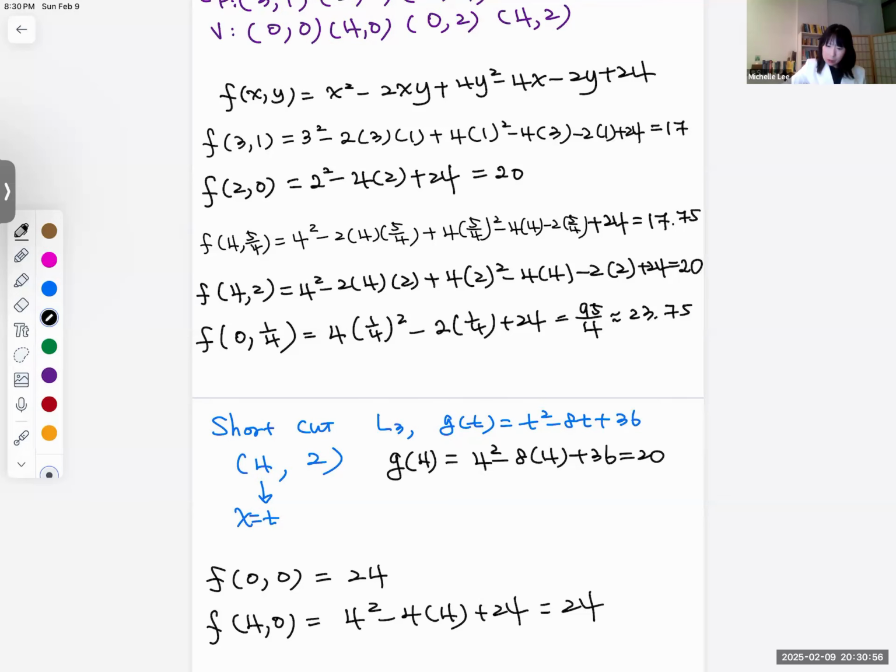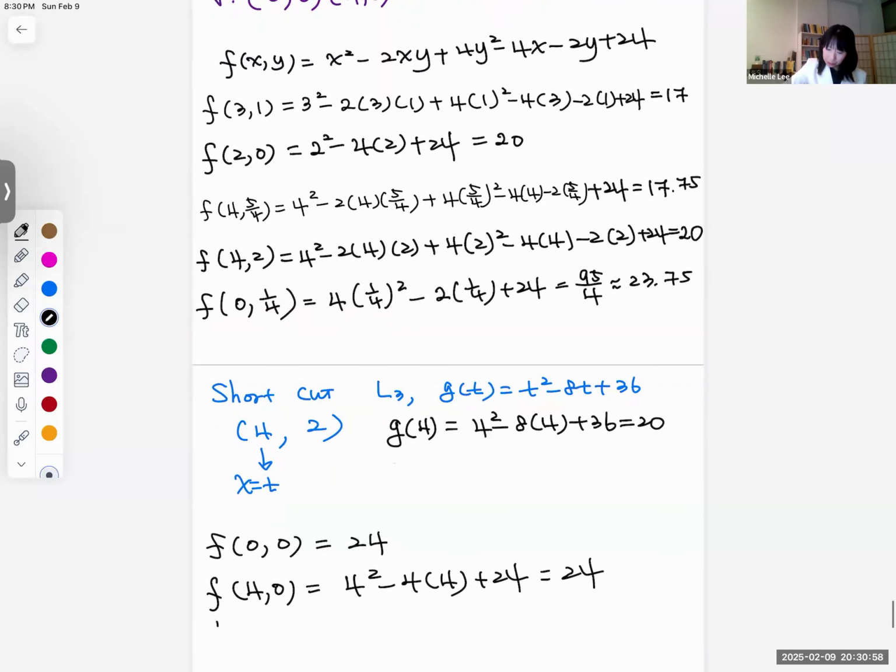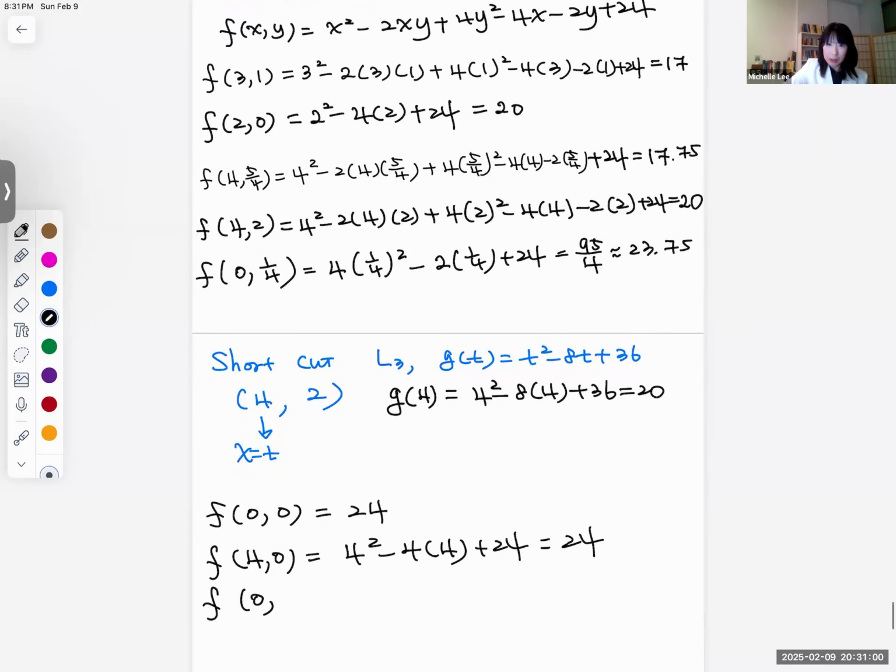Okay, now 0, 2. Oh, you guys cannot see. On the top, we barely can see the function. 0, 2. So negative 2, 0. Second term also 0. Third term, 4 times 2 squared, minus 2 times 2 plus 24. 0, 2 gives 36.